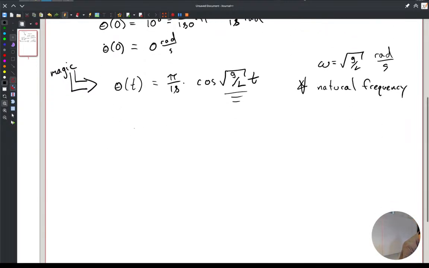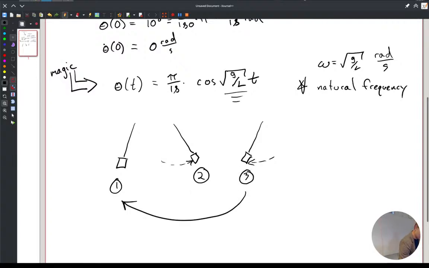So if the pendulum starts here, 1, goes to here, 2, and then comes back to here, then 3 is back to state 1. I'm going through one full cycle. So that I can measure.